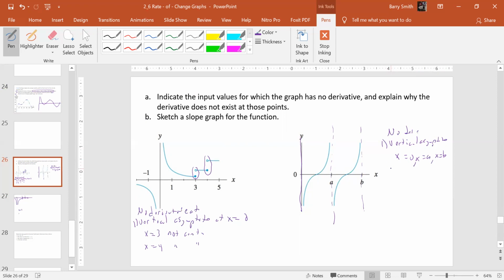All right, so now what does that give us? So then we have to now draw our function from there. And so what does that give us? So we're going to have, let's see, really steep here, so it's going to be really negative.